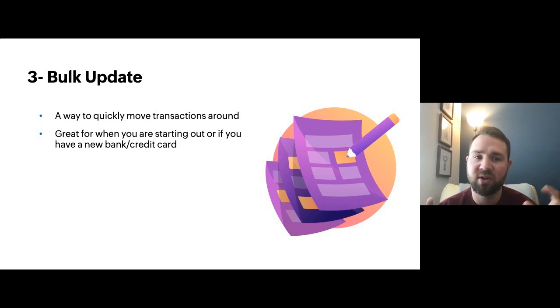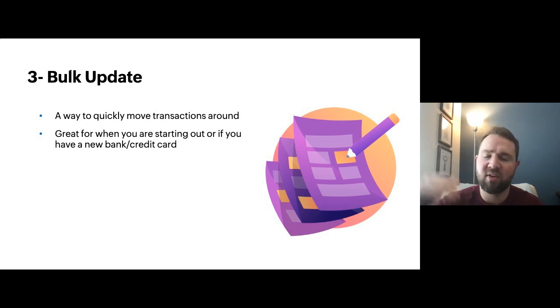And as they're all sitting in there, you can quickly navigate through that bulk update and push them to the right account. Like say if you have a bunch of Uber charges or a bunch of Staples charges, you can quickly go in there, filter, and push them to a different account. And I think that is the most beneficial way to use bulk update. And that's really how I was able to quickly set up new accounts within Zoho Books.